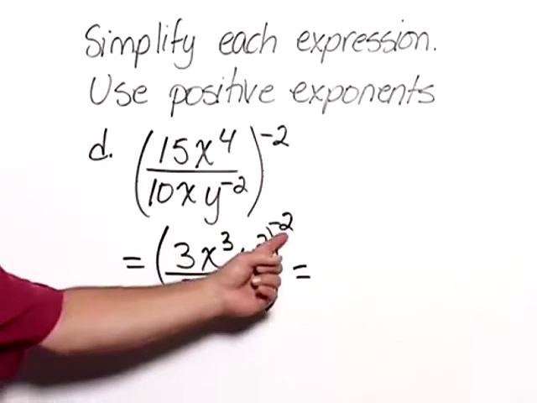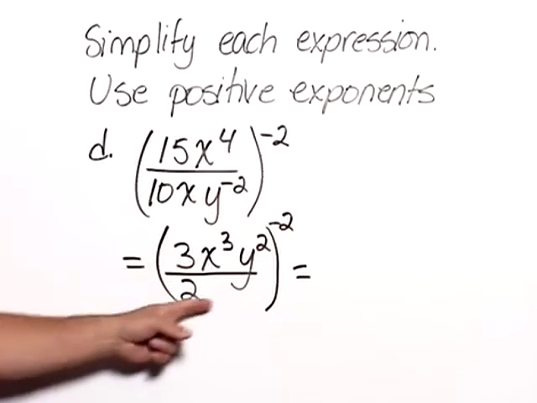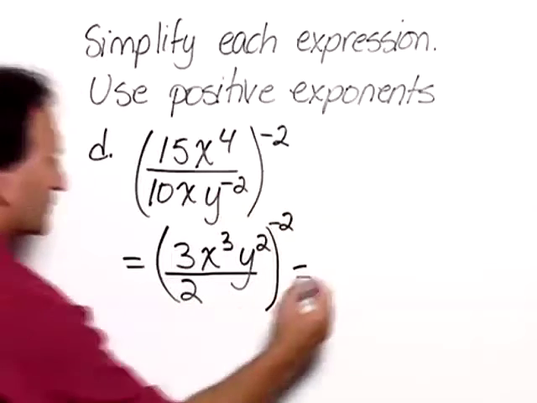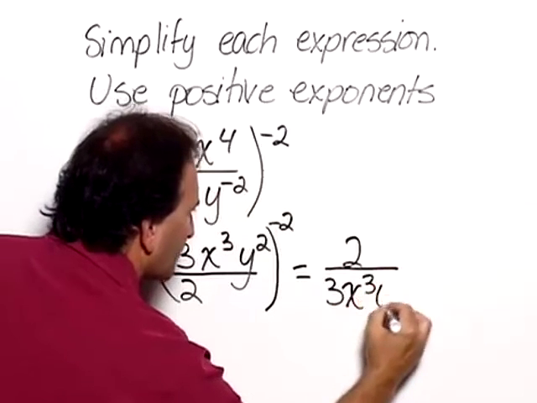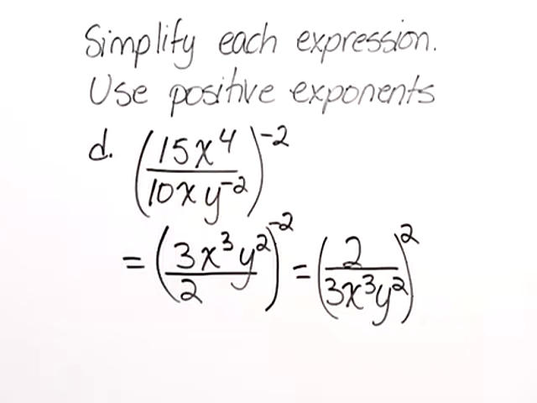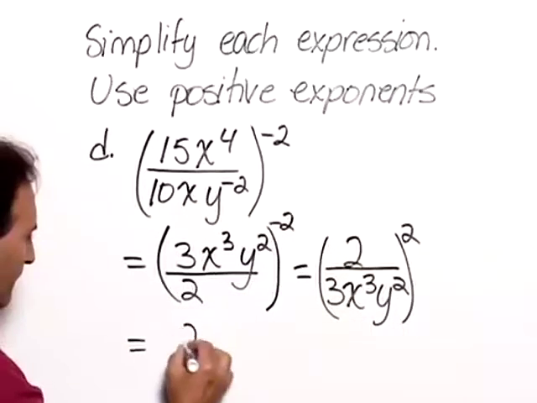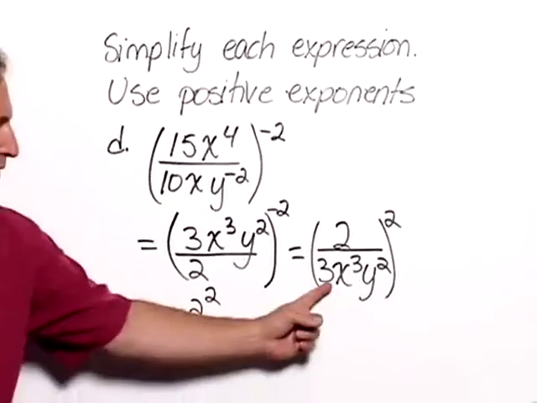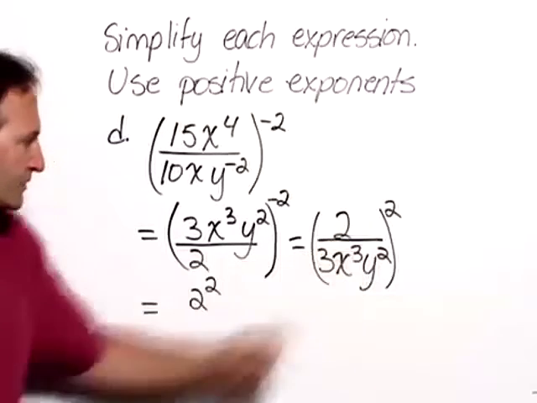Well, remember, when we are raising a fraction to the negative 2 power, we can take the reciprocal of the fraction, so this would be 2 over 3x cubed y squared, and we raise that to the positive power, in this case, to the power of 2. Now we apply the 2 to the numerator, and that's 2 squared. And we apply it to each of the factors in the denominator, so it becomes 3 squared.